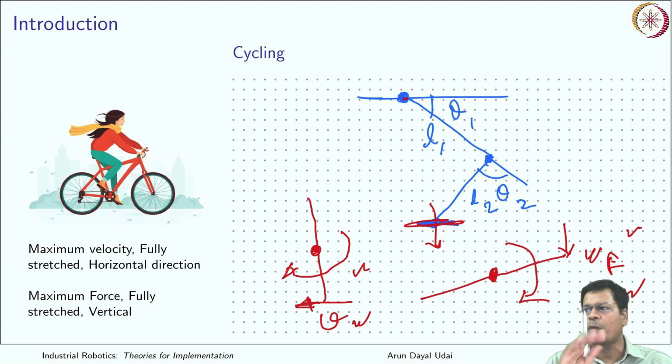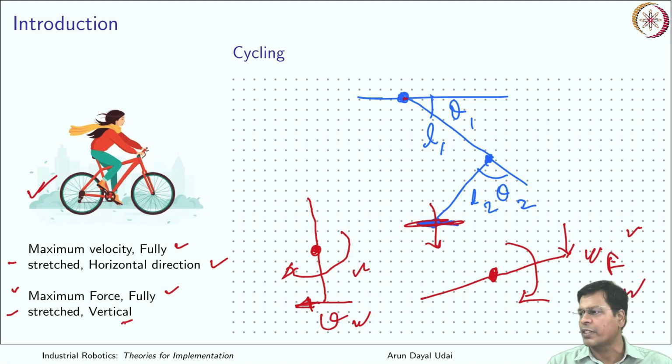So there is some optimum workspace within the robot workspace where you have the best that is required for that particular application. This is just a pedaling operation that we do, and you see maximum velocity is at fully stretched condition along the horizontal direction and maximum force is at fully stretched condition, that is along the vertical direction.